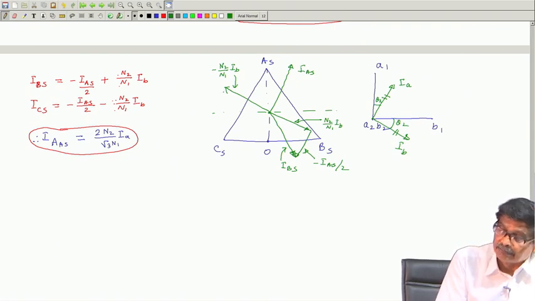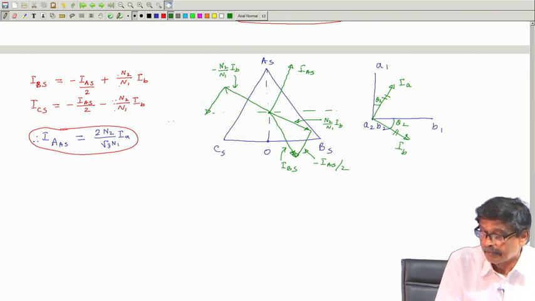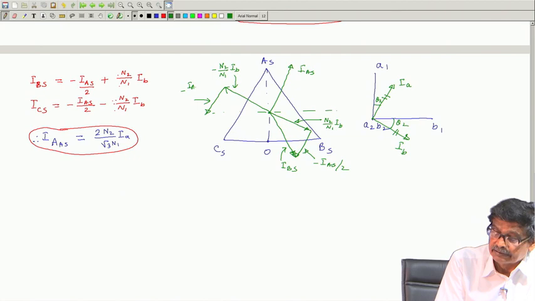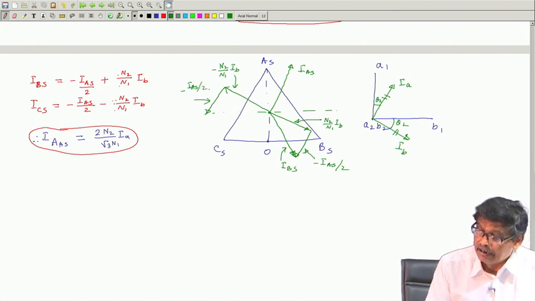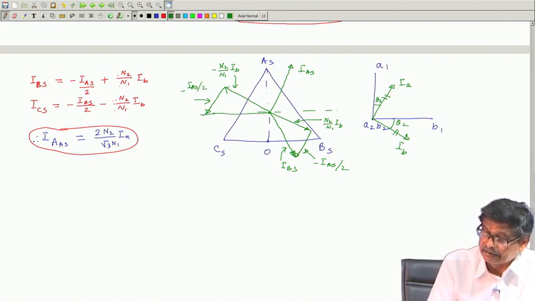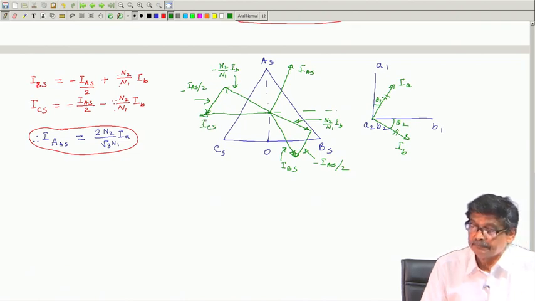So, IS minus IS by 2, this is minus IAS by 2, and then this current will be your IC. Is that clear?